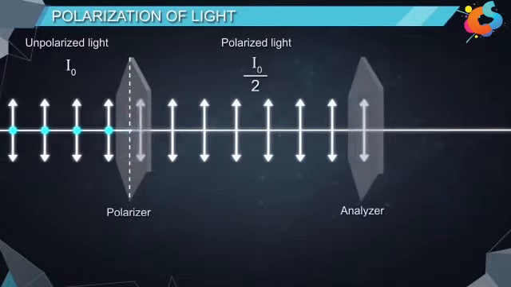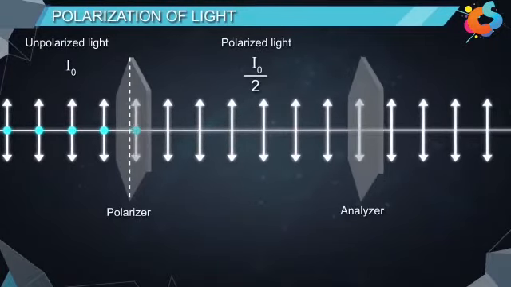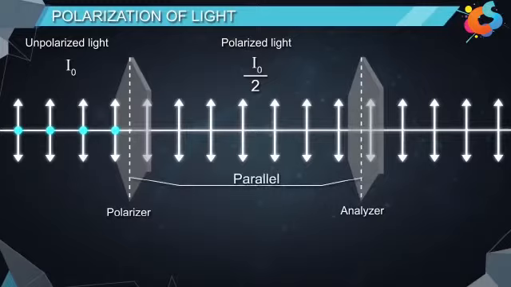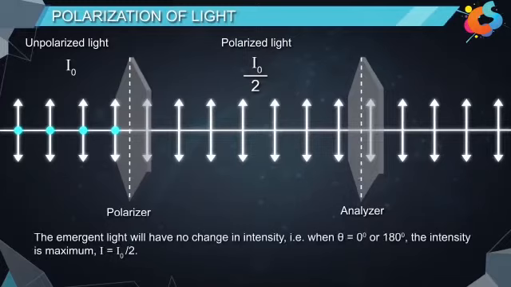Now, if we pass this plane polarized light through another Polaroid, we will call this the analyzer. If the pass axis of the polarizer is parallel to the pass axis of the analyzer, the emergent light will have no change in intensity. That is, when theta is equal to 0 degree or 180 degree, the intensity is maximum.